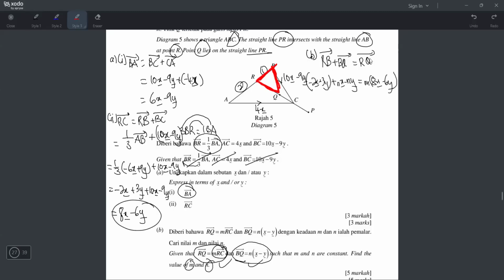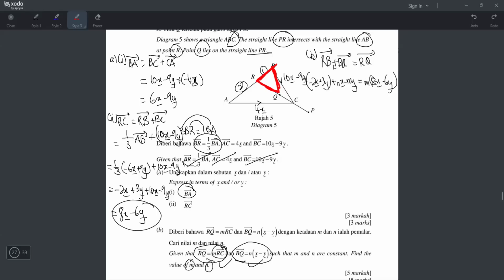So I combine the vector using the RB line lah. Because when I masuk RB, I'm able to combine these three into one equation. So it becomes RB plus BQ equals to RQ. Ataupun ada student nak tulis RQ plus QB equals to RB. Can also.